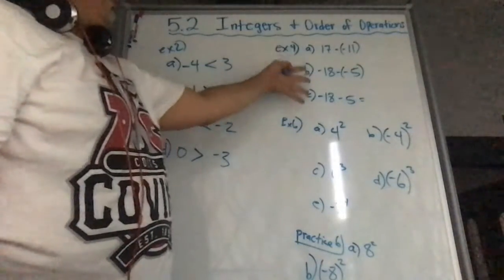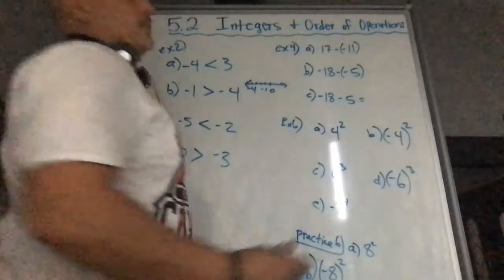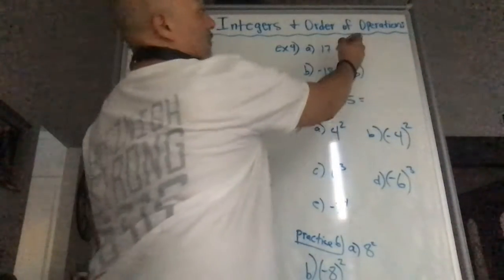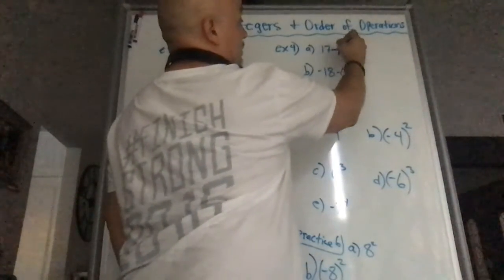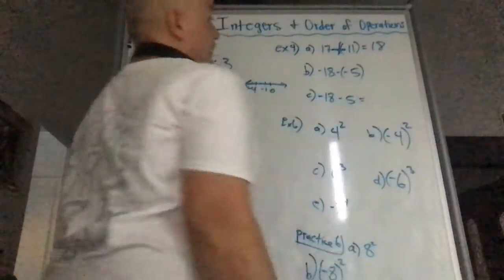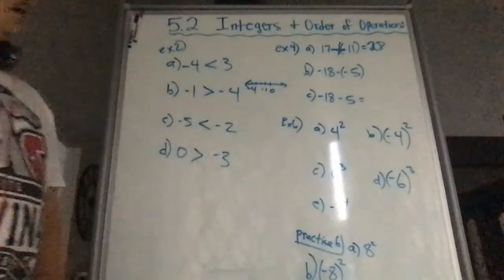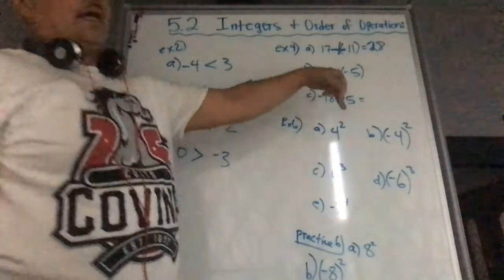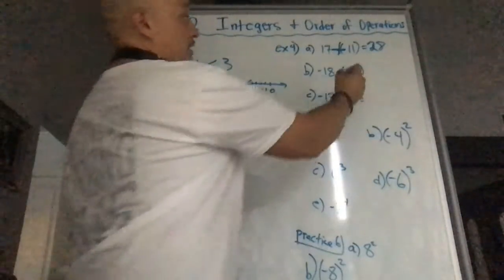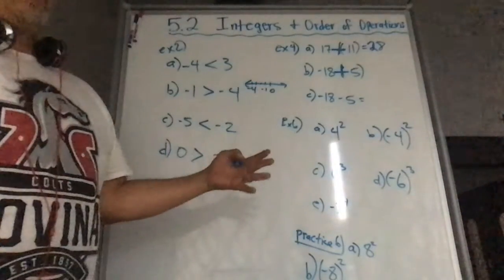This is just some adding and subtracting, some exponents. So the first one, 17 minus -11, just to save time, remember minus here is going to become 17 plus 11. So that one is, sorry, another mistake. Fix it. 28. This next one is -18 minus -5. Well, careful, this does become plus here, all right, but it's still -18 plus 5.